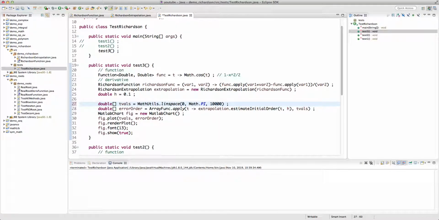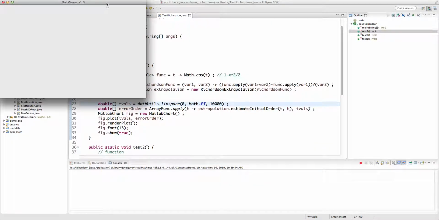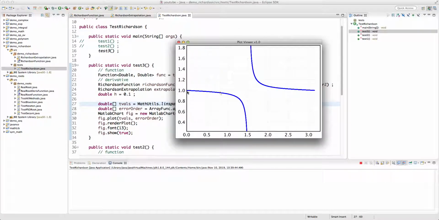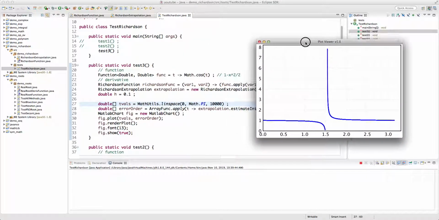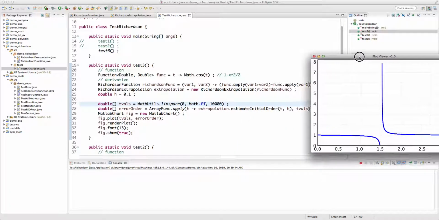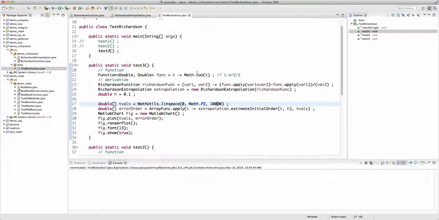Okay, run it with more points, and yeah, so at 0 it's 1. Basically the error should be around 1, and if I change this, let's go back to sine.